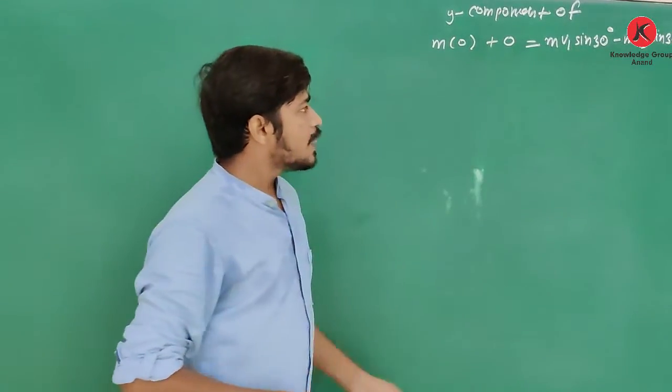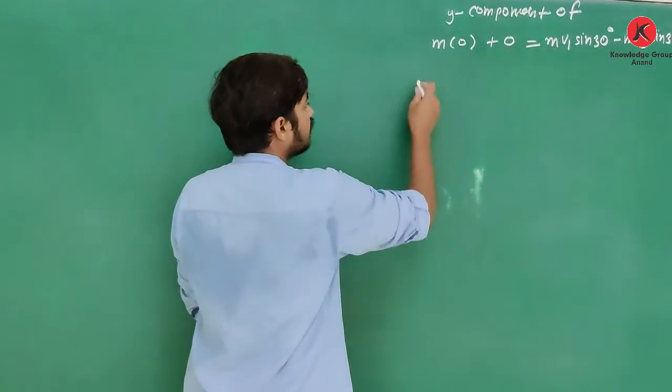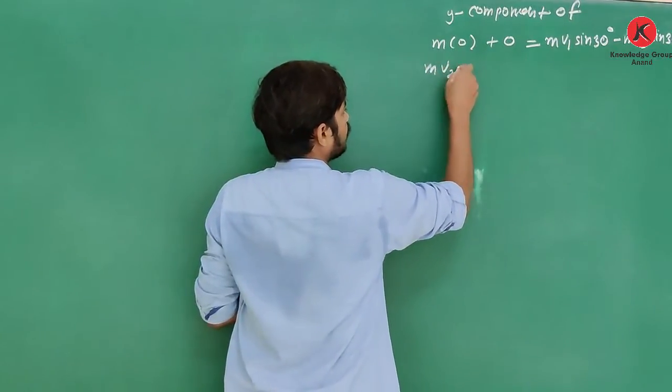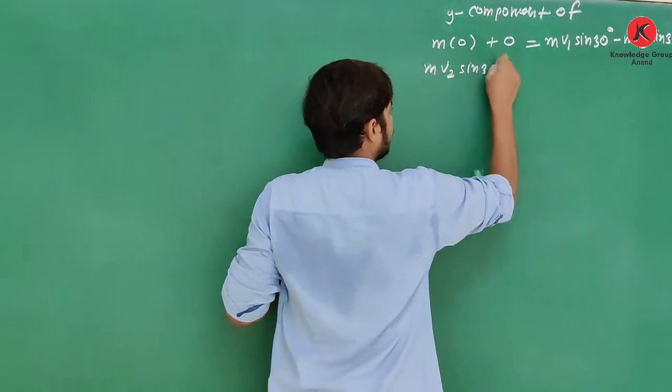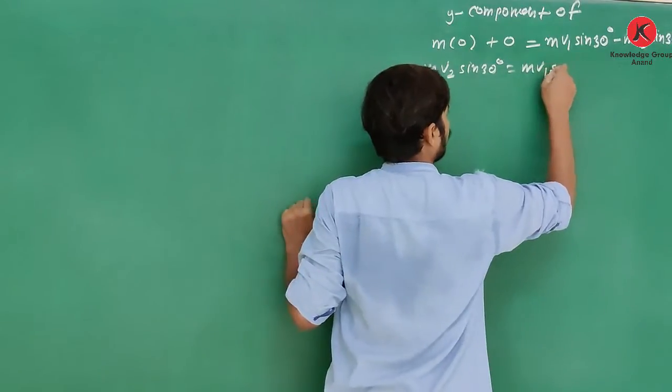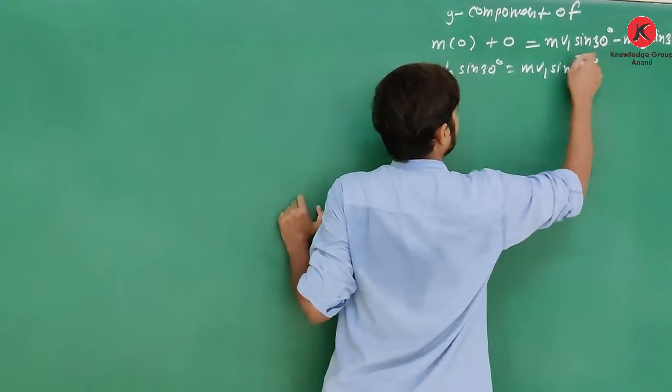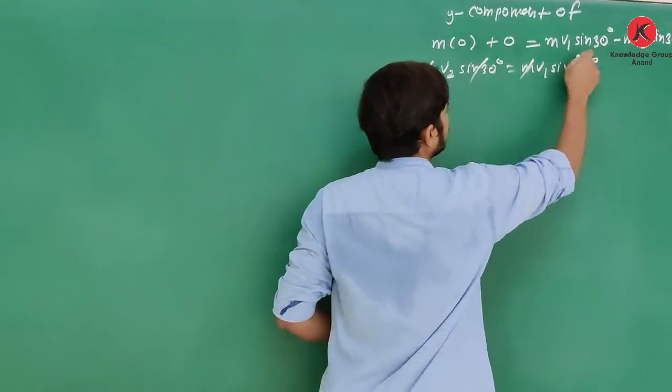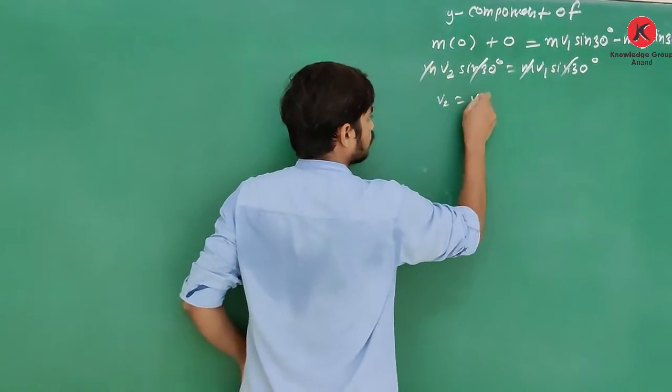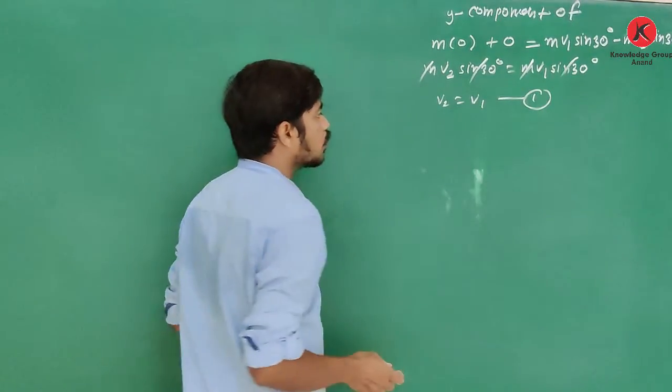Clear about this? Now if I take this term to this side, I will have m v2 sin 30 equal to m v1 sin 30. The m cancels, sin 30 cancels, so v2 is equal to v1.